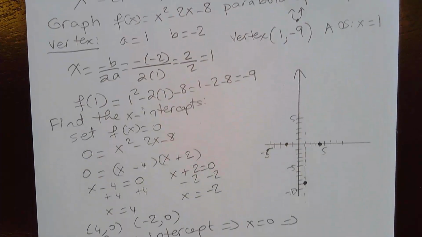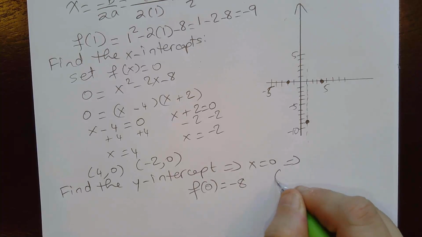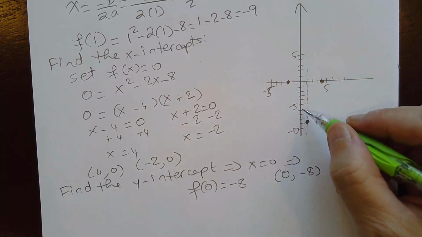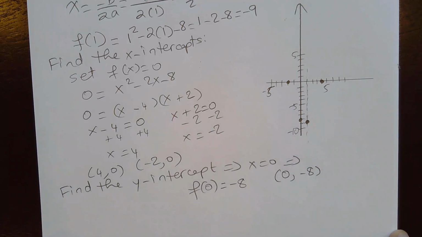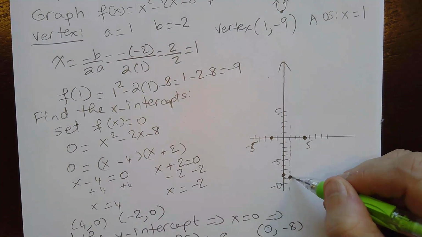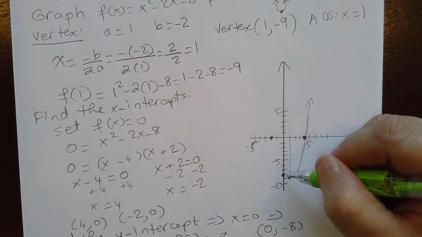So f of 0 is negative 8. So the y-intercept is (0, negative 8). Now graphing the parabola, you just have to connect the dots, and there you have your parabola.